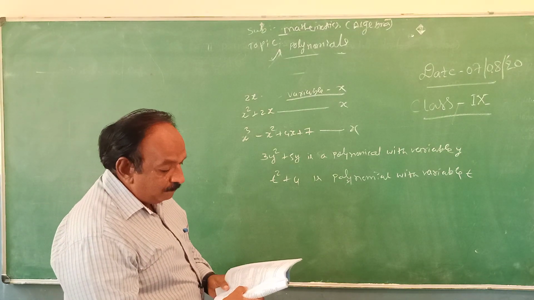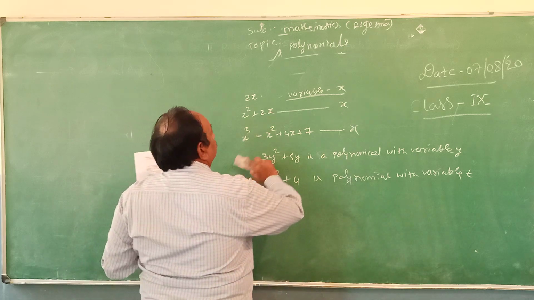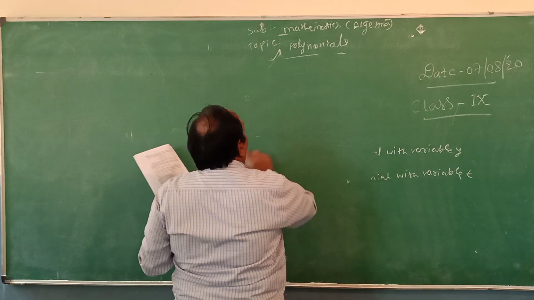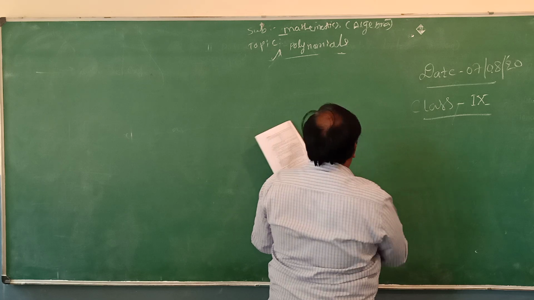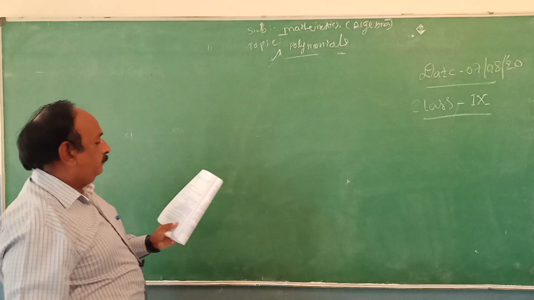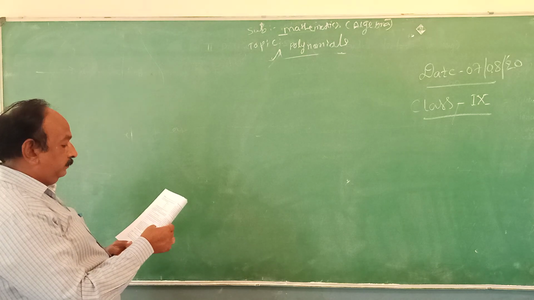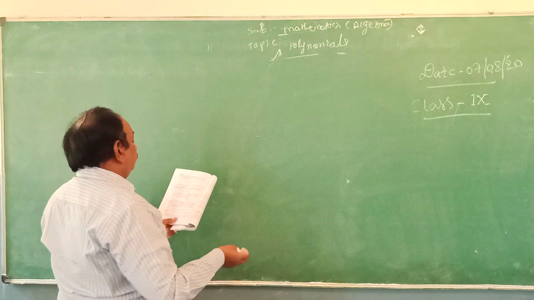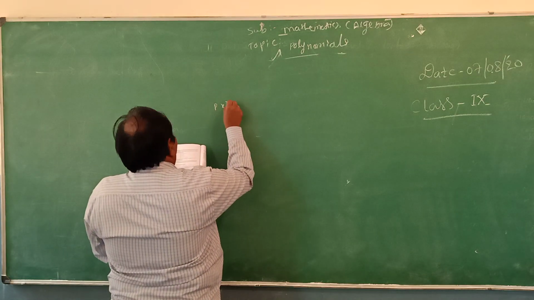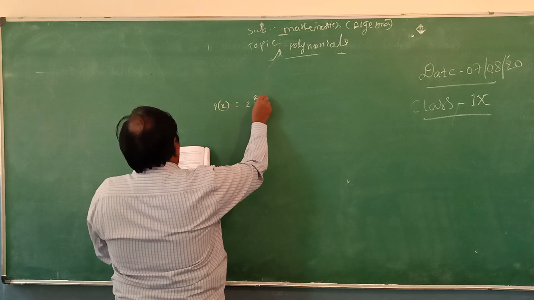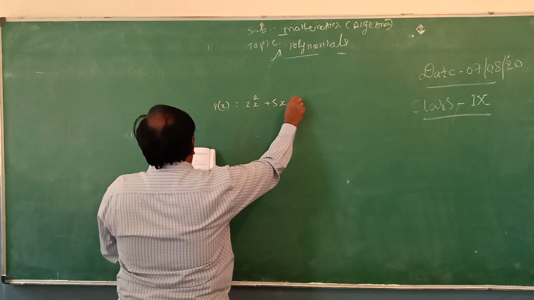Now consider types of polynomial. P of x is equal to 2x square plus 5x minus 3.